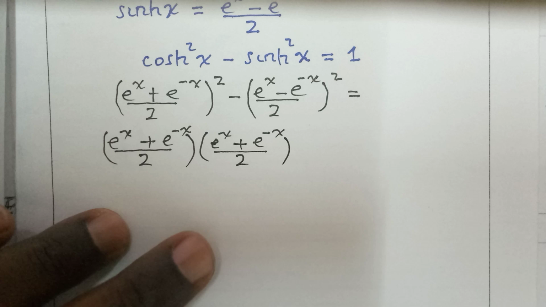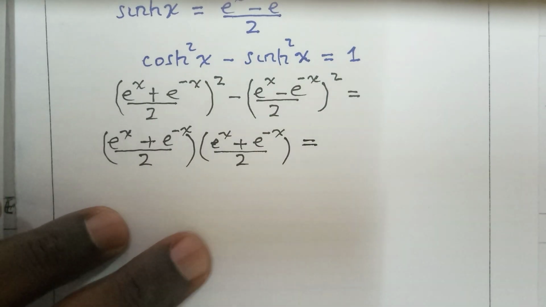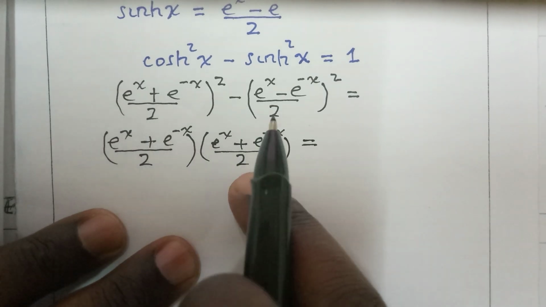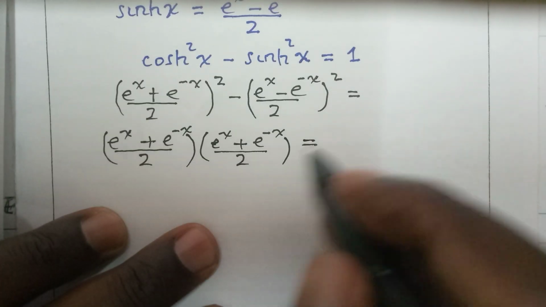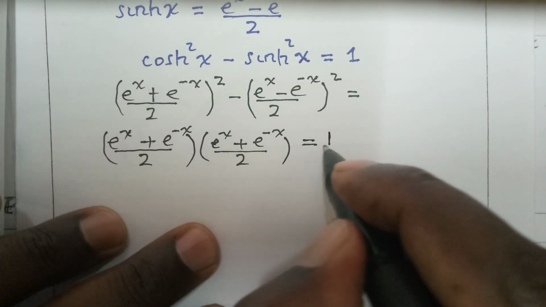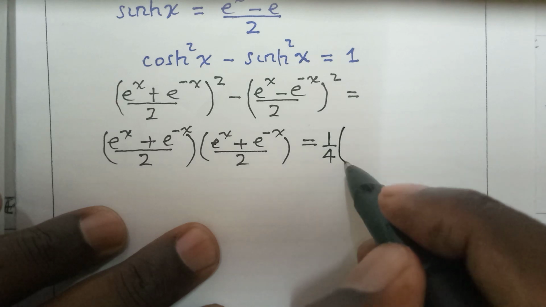So I can work out this first. You can multiply, or we can factor out 2 times 2, 4. So I can factor out 1 over 4 there, and then I put a bracket there.